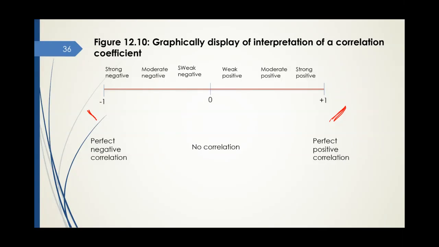When we get closer to 0 from either side, the relationship becomes weaker and weaker. At this end, we're saying that for every increase in the X variable, Y will increase at the same measure, so to speak. And likewise, negative means that they'll move in opposite directions.